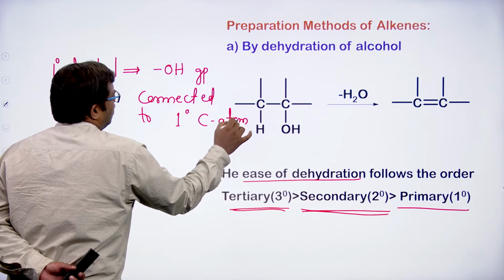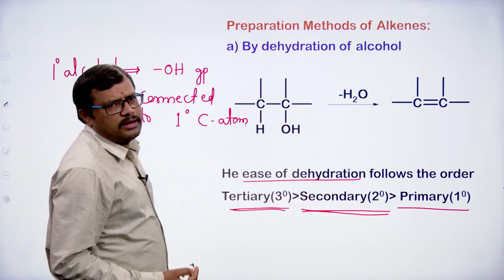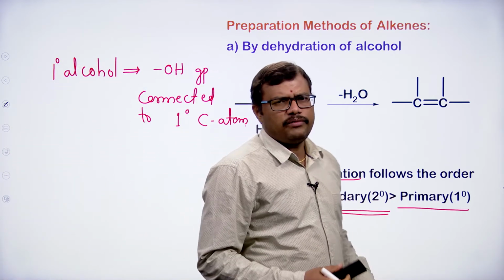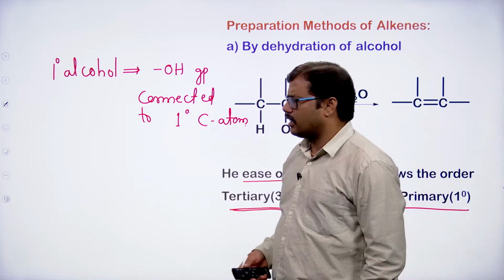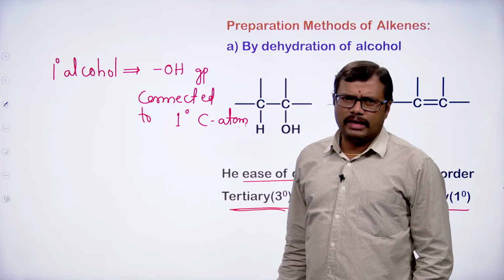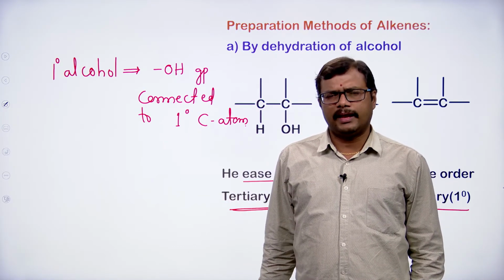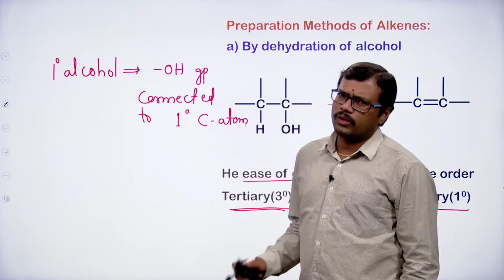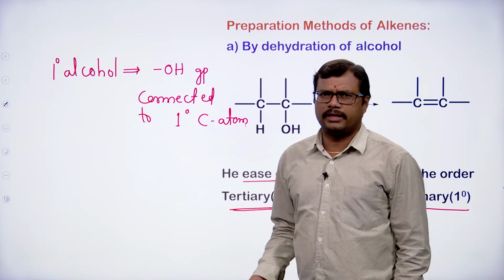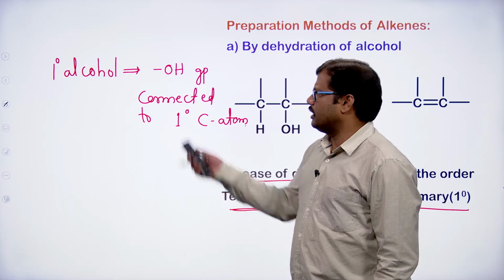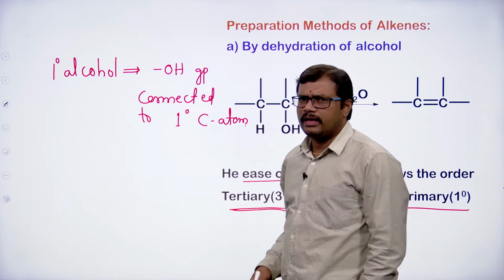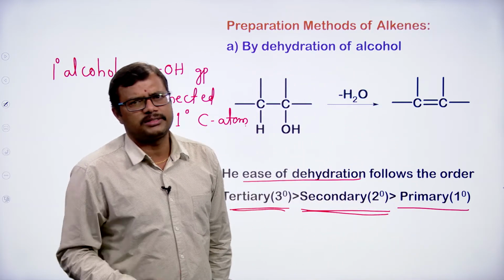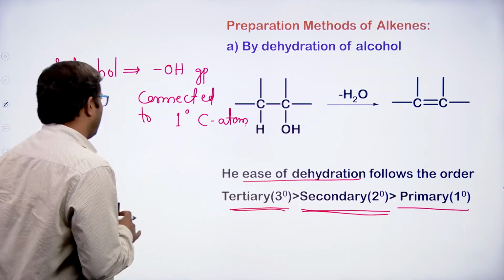While we were dealing with the introductory part of organic chemistry, there we came across the different carbon atoms. Even while we were dealing with the alkanes chapter, there also we dealt with what is a primary carbon atom, what is a secondary carbon atom, what is a tertiary carbon atom, what is a quaternary carbon atom. Okay. So here the OH group is connected to the primary carbon atom. In that case, it is considered a primary alcohol. Okay.